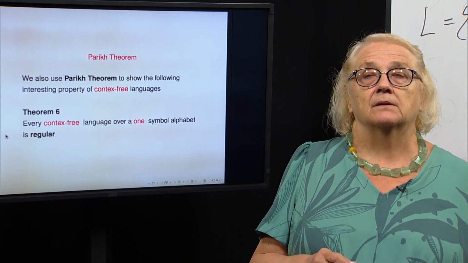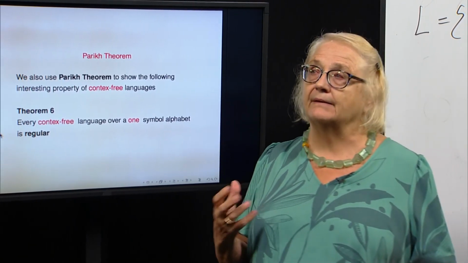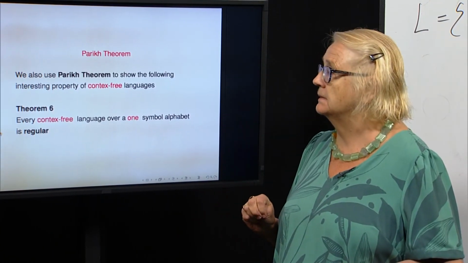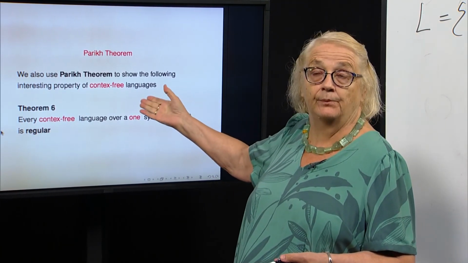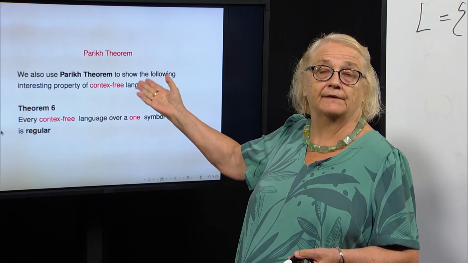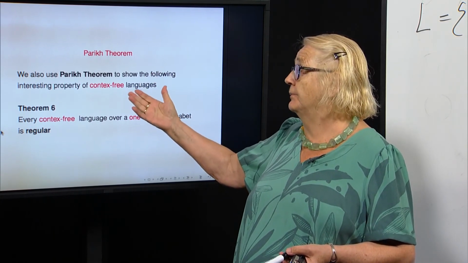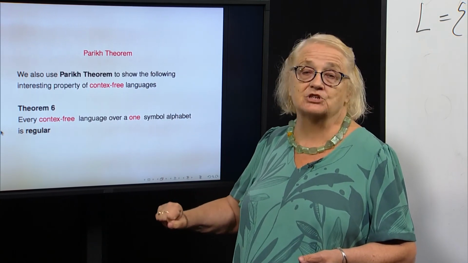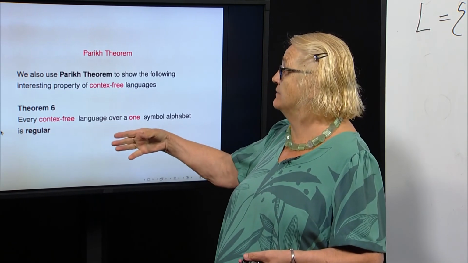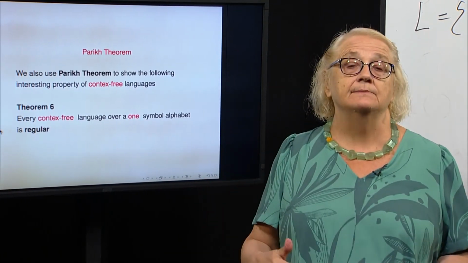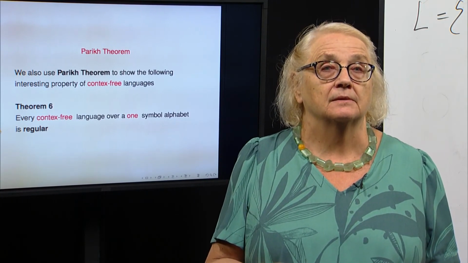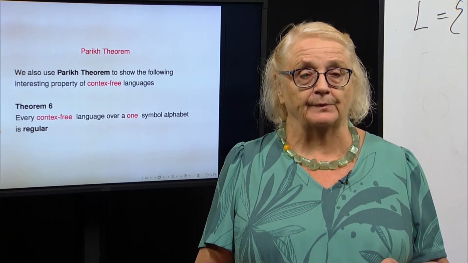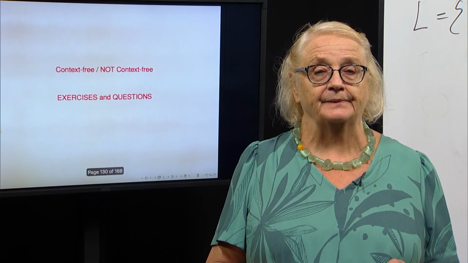Also, we use this Parikh theorem to show a simple property that nobody could prove by other methods: that every context-free language over a one-symbol alphabet is regular. That was proved by the Parikh theorem.